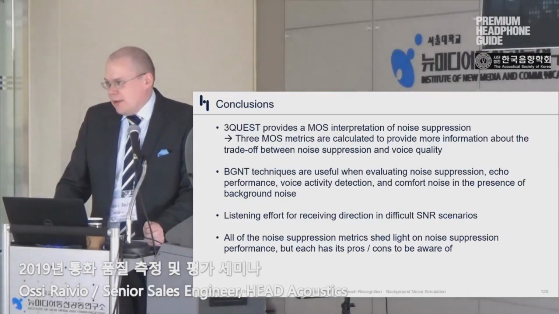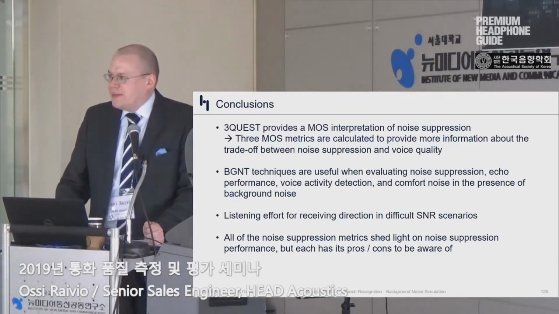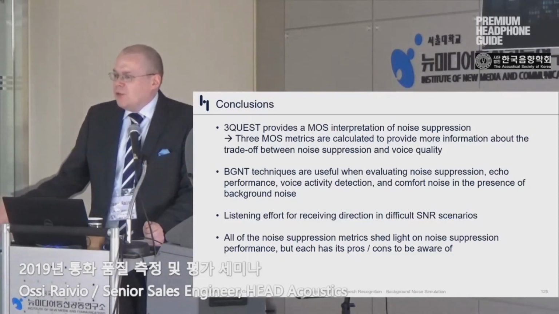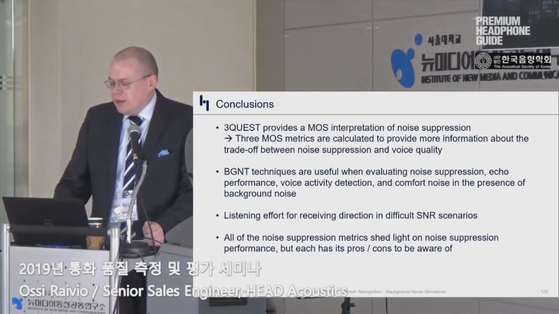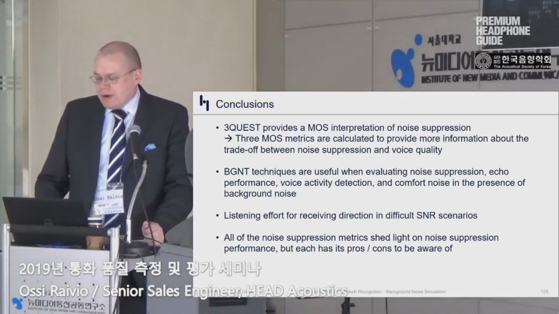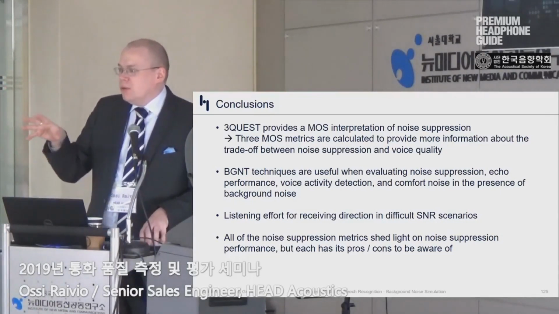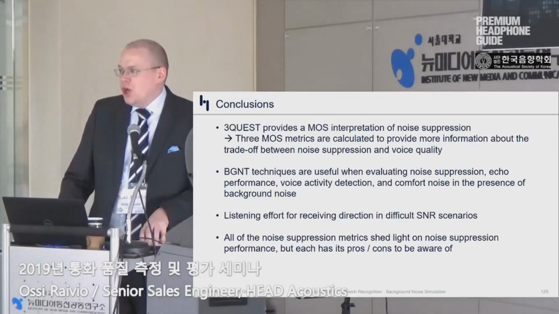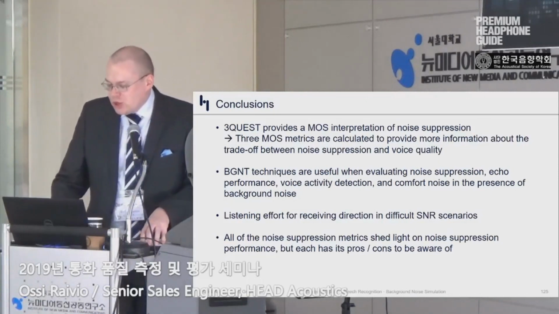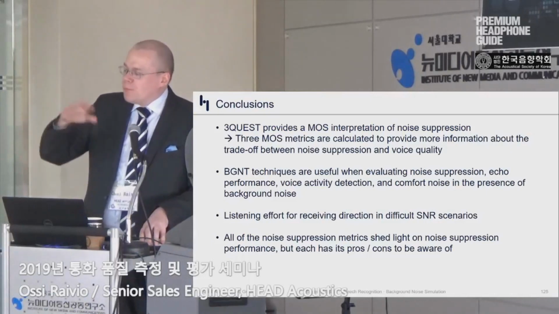And then listening effort is especially intended for difficult SNR scenarios and for receiving direction. So we can summarize that all of the noise suppression metrics tell you something about the noise suppression, but each of them has its own pros and cons.